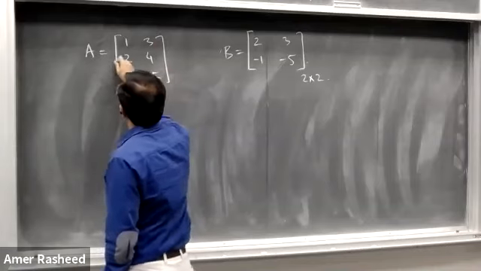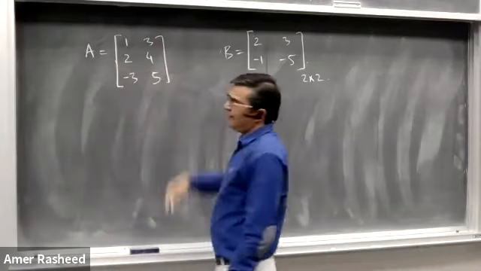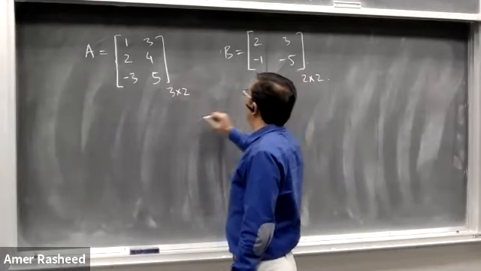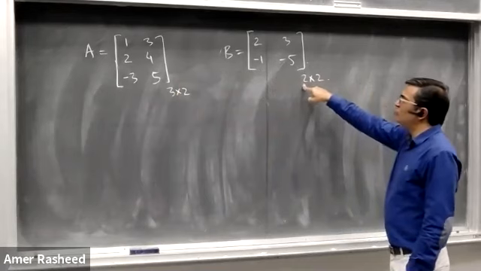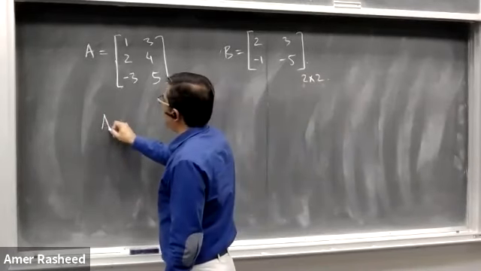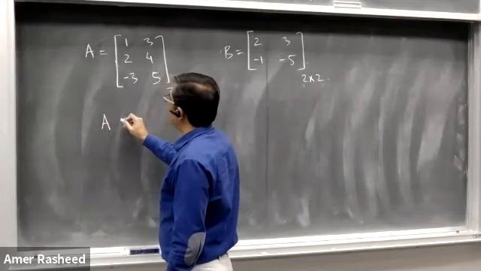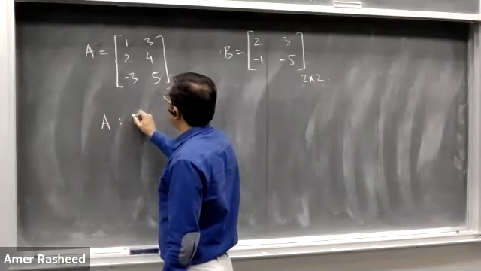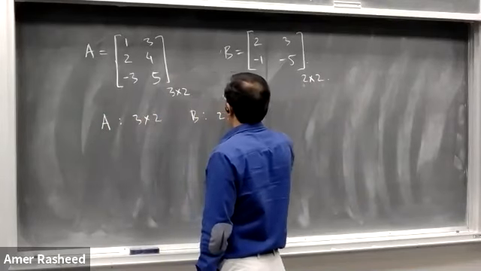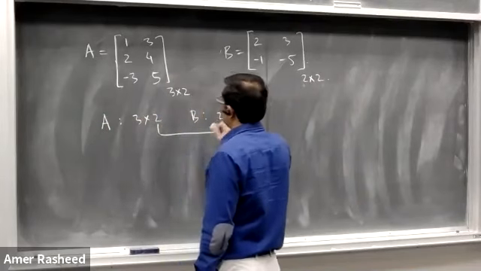Now the order of this matrix A is 3 rows and 2 columns, and the order of B is 2 rows and 2 columns. So order of A is 3 cross 2, and order of B is 2 cross 2. You can see that these two things are equal.